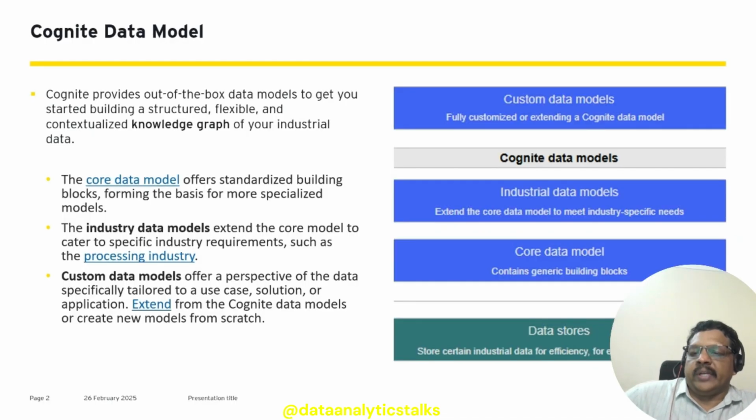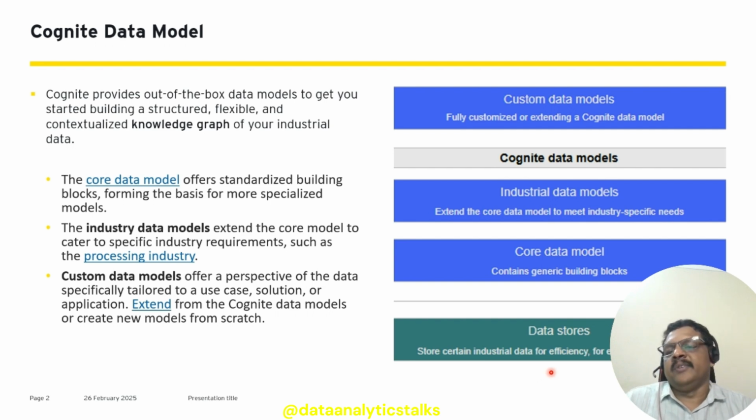Coming to the Cognite data model, we will understand what the core data model, the industrial data model, and the custom data model are. Looking at this diagram, we understand that the data model stores industrial data for efficiency.